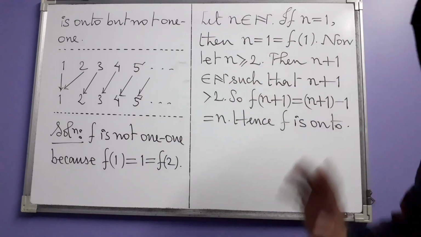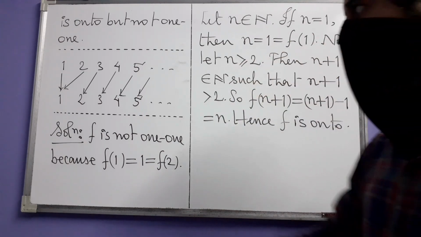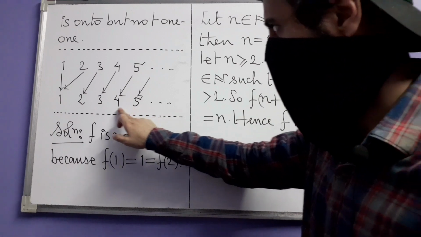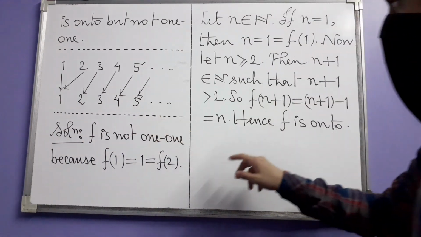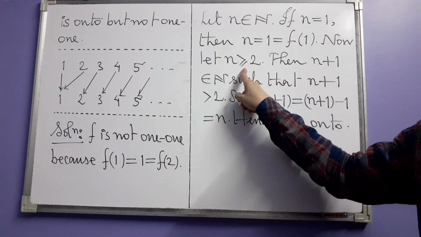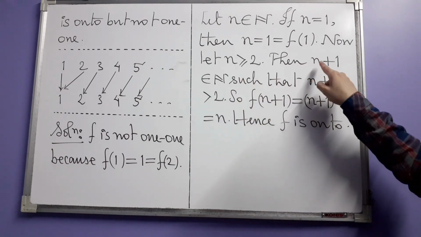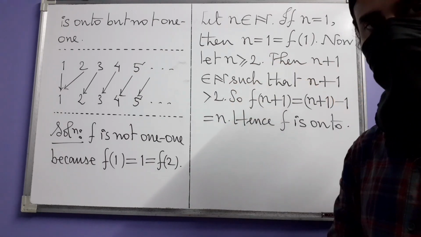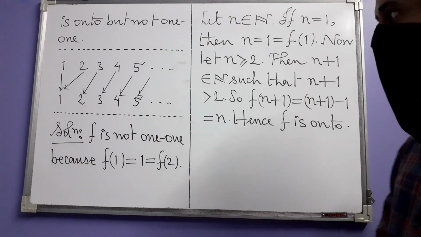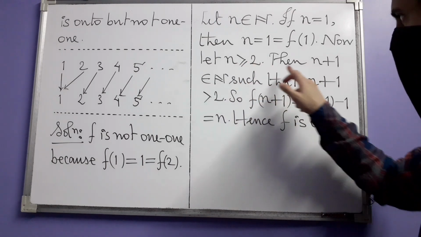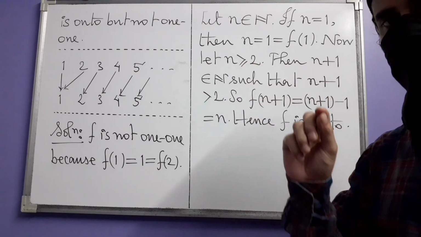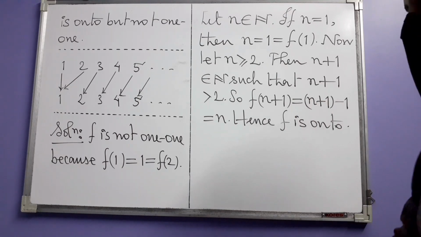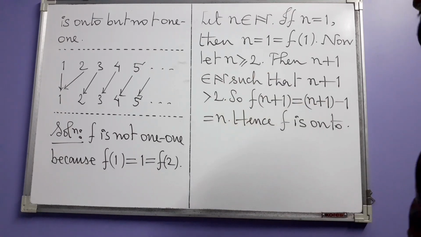So now let n be greater than or equal to 2. So that means now n is some number here. Because n is greater than or equal to 2, n plus 1 is a natural number which is greater than 2. Even when n takes the value 2, n plus 1 is 3, that is the smallest n plus 1 can be. Even then it's greater than 2.